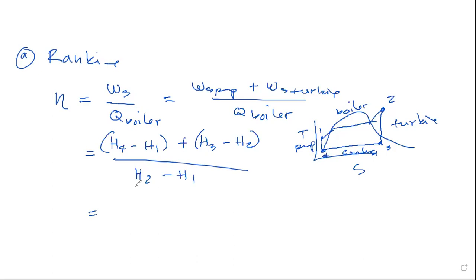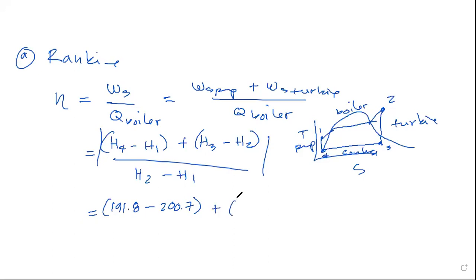So, for H4 we have 200.5, and H1 is 191.832. That's fine. Then for the pump, H1 is 200.5. Actually, you can use 8.7 here. It will be negative in its absolute value. Then plus H3.